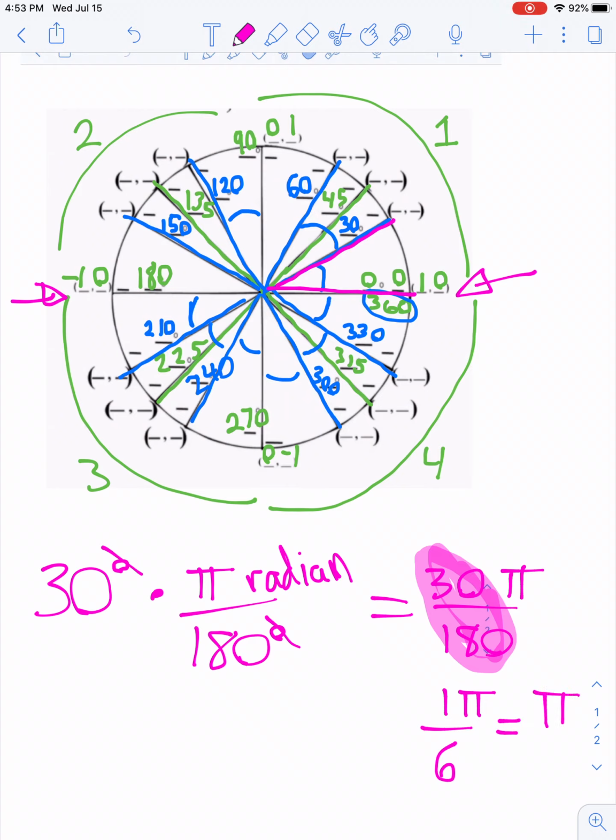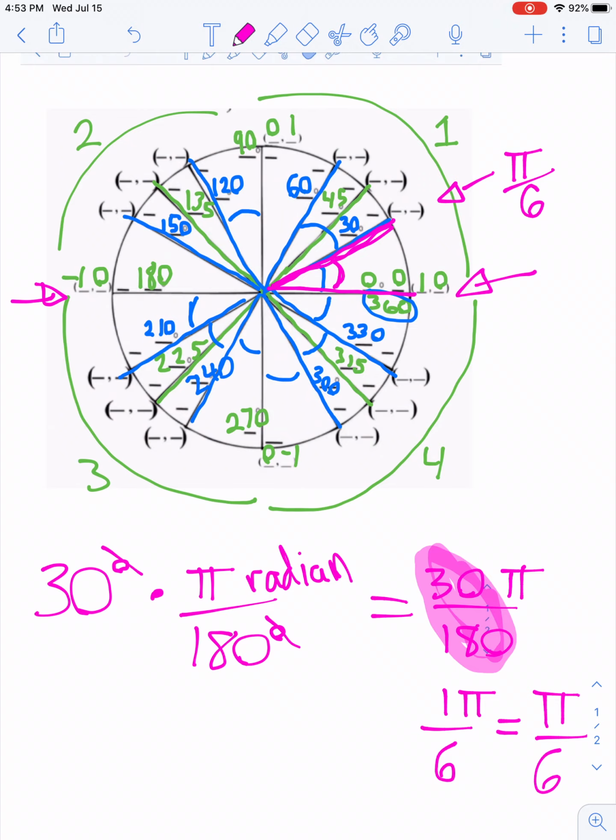We can just simply write pi over 6. So that means this angle right here is 30 degrees, which as radians is equivalent to pi over 6 radians.